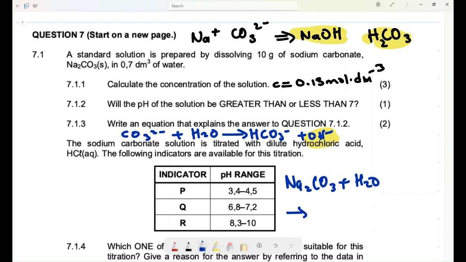Then you'll get the result of something like H2CO3 plus sodium hydroxide. So also here it gives you sodium hydroxide. Now let's move on.